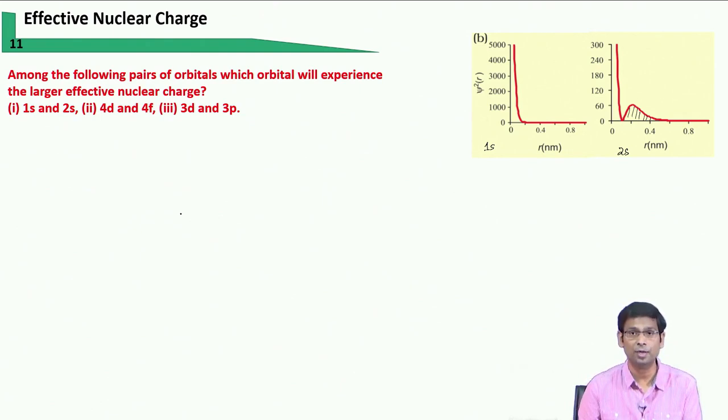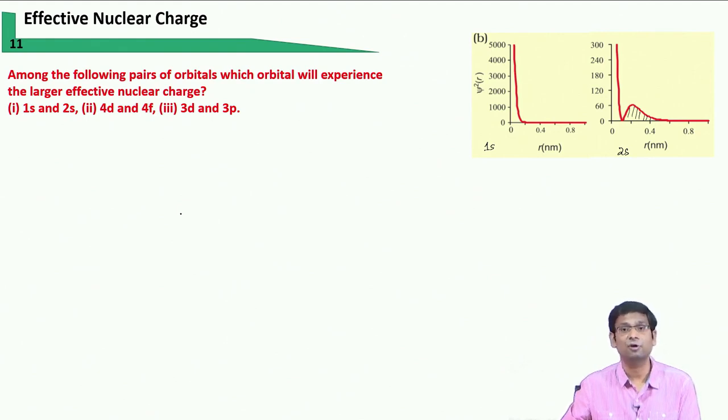So when you have more electrons, not all electrons will experience the nuclear charge to the same extent. The extent to which an electron experiences the nuclear charge is given by the effective nuclear charge. Roughly, when the electron is farther away from the nucleus, it experiences less of the nuclear charge, so the effective nuclear charge becomes smaller.